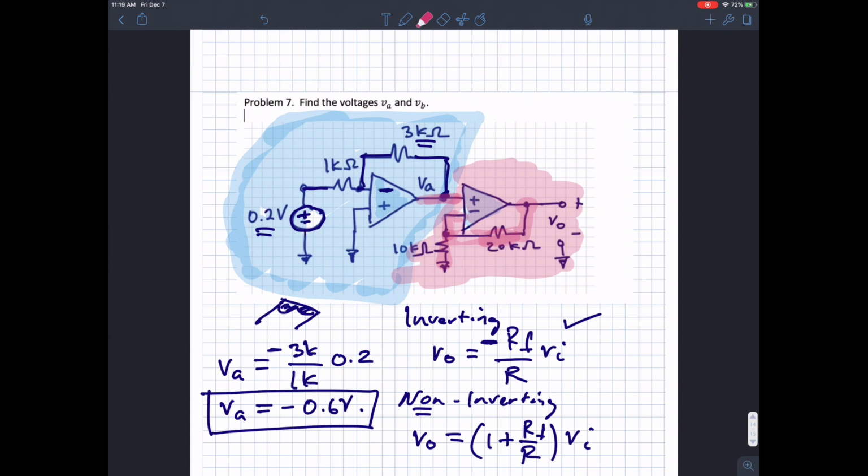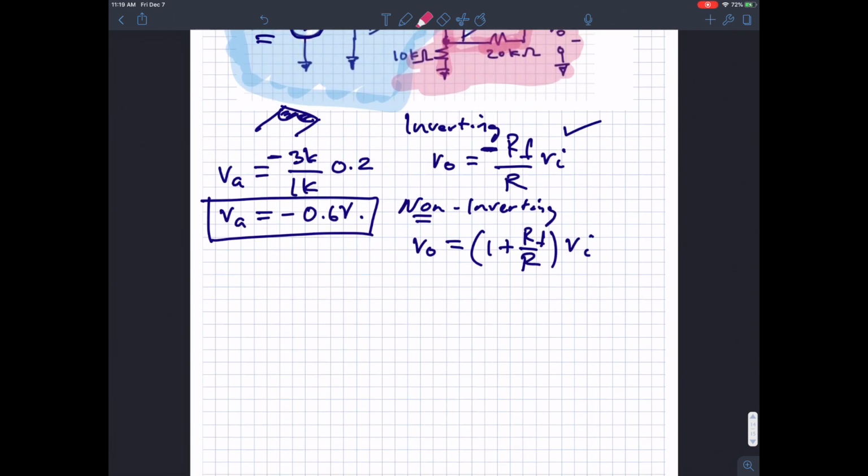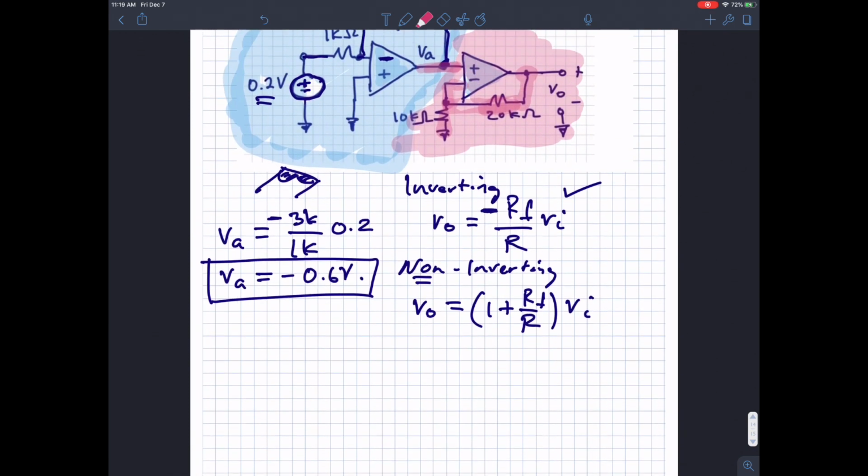This highlighted in the red is a non-inverting op-amp. So we can identify the feedback resistor, that'd be 20K, and the input side resistor is 10K. And the input voltage is minus 0.6 volts.